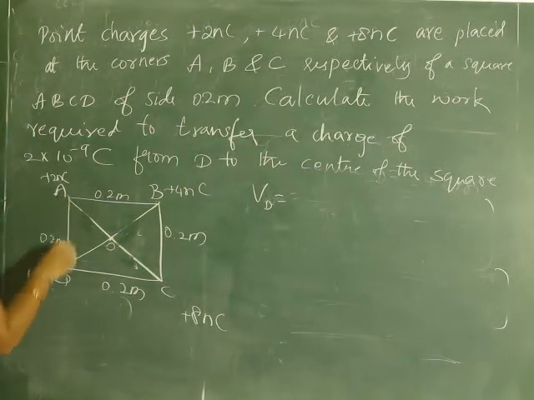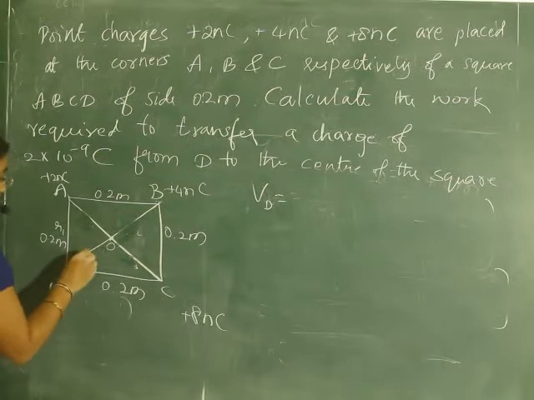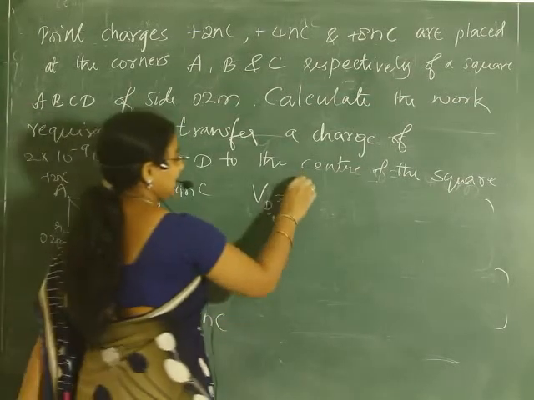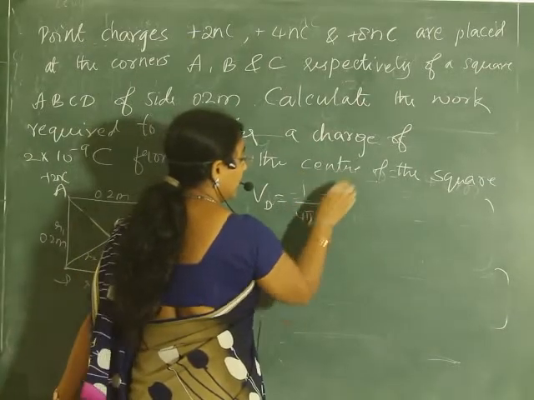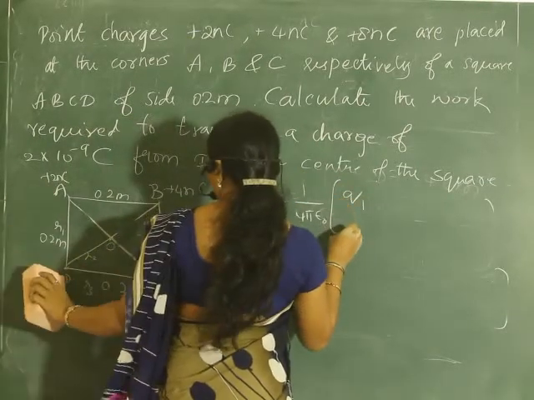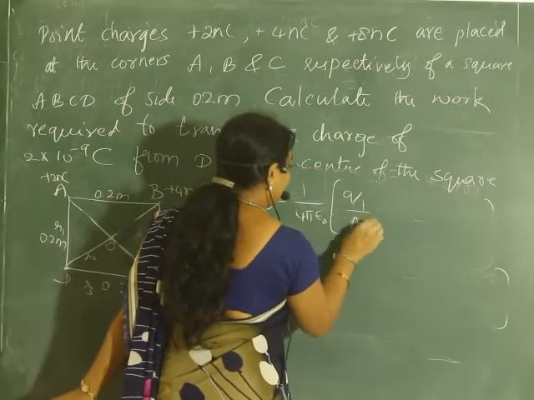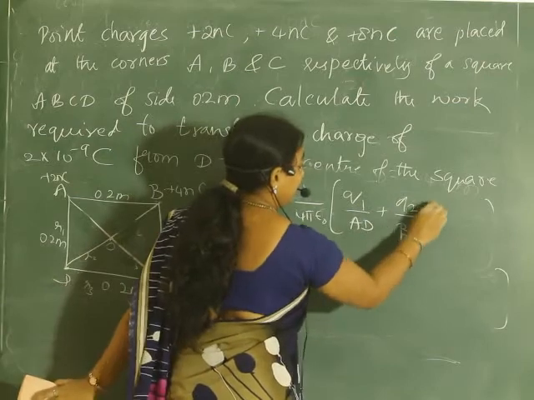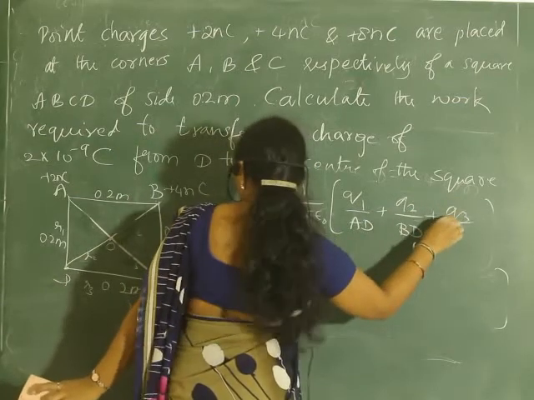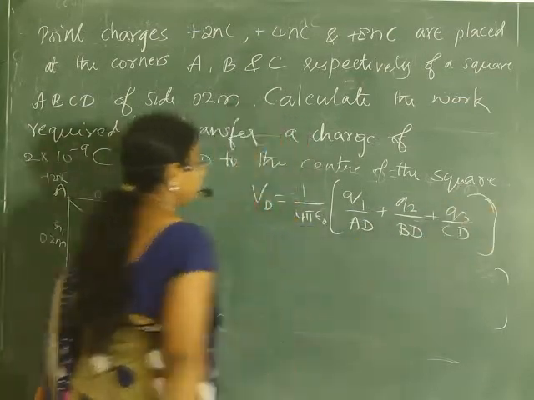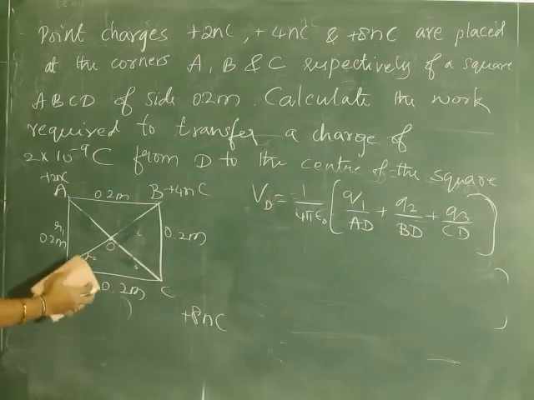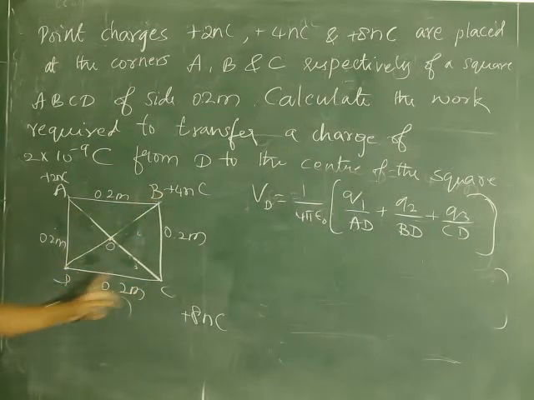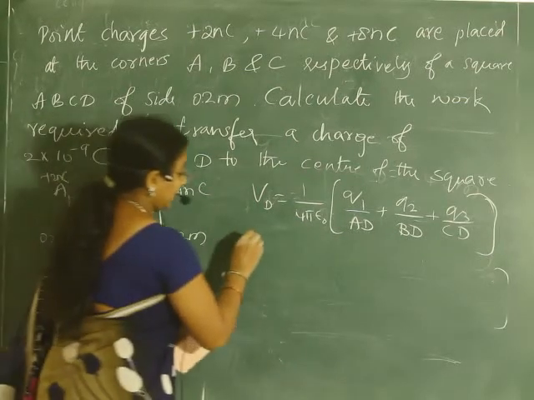For VD, this one is R1, this is R2, and this one is R3. So therefore VD is equal to 1 by 4 pi epsilon naught Q1 by, I'll write AD, then it'll be easy, no? Plus Q2 by BD plus Q3 by CD. Is it easy now, instead of R1, R2, R3? That's better, I think, correct? AD, BD, CD. Substitute and calculate.